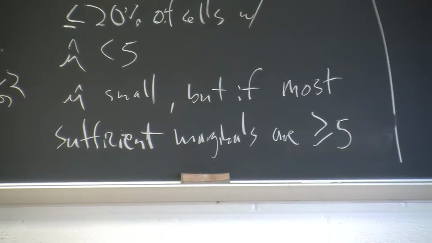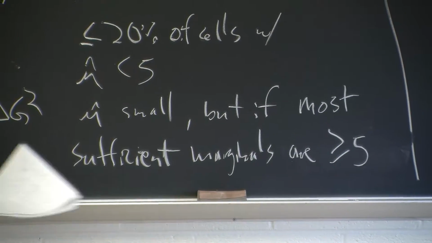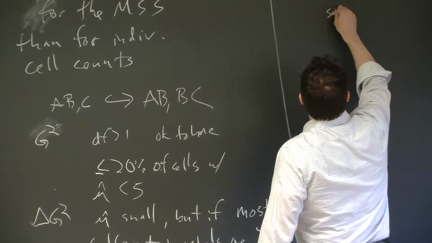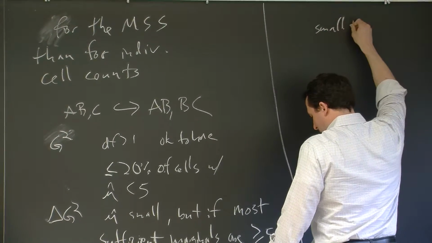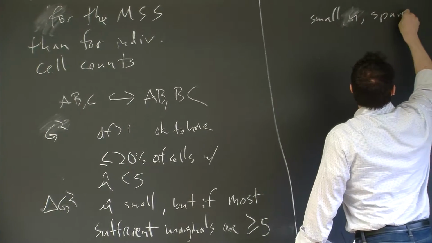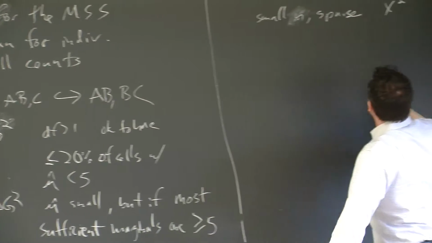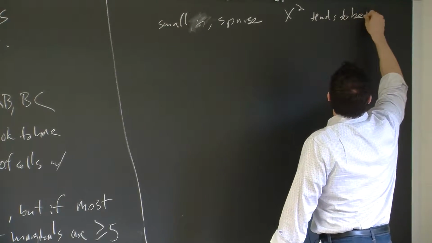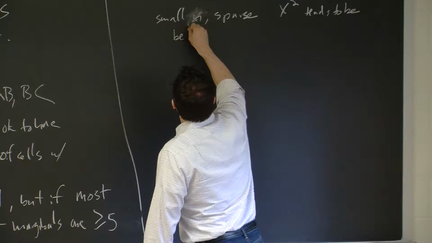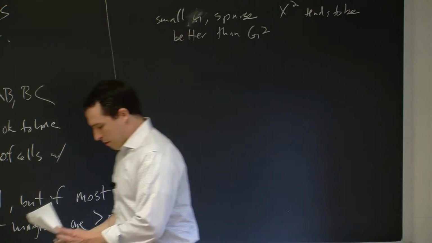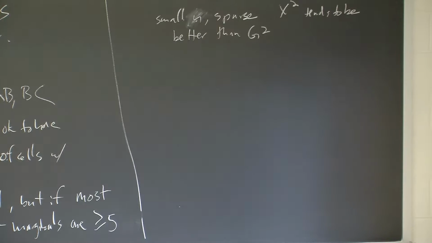And there's another rule of thumb, which is that when you really do have a small, sparse table, small n and sparse, the Pearson tends to be a bit better. I usually like likelihood, because it's easier to interpret, but Pearson tends to be a little bit better.